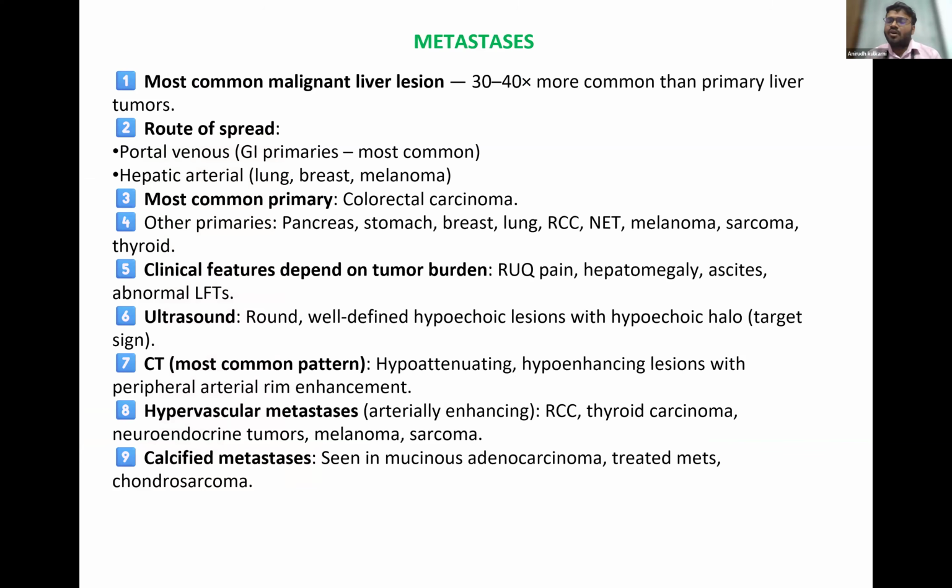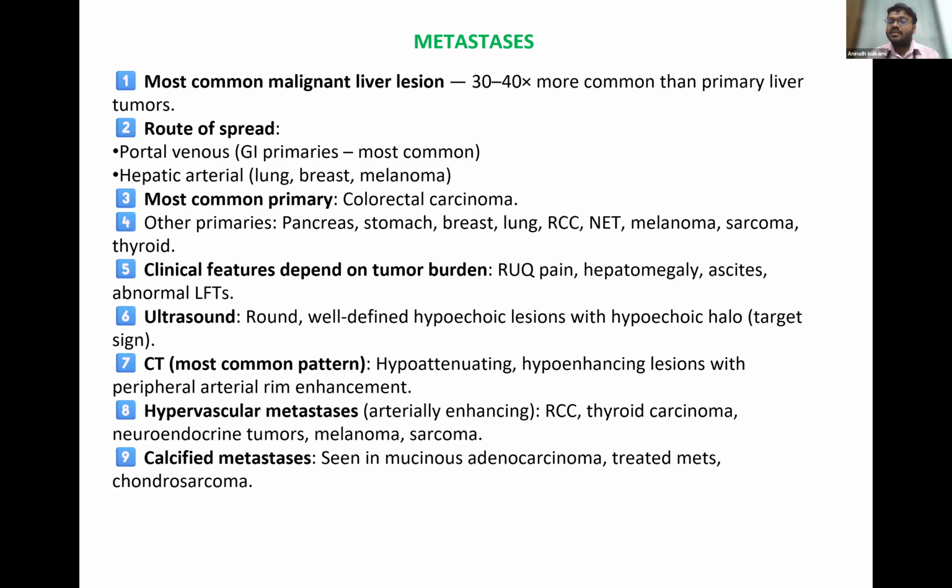You will be doing a lot of ultrasound abdomen and pelvis. If you see this target sign, hypoechoic lesion with hypoechoic halo, and multiple lesions, so many lesions, it is metastasis. On CT, hypoattenuating lesions, hypoenhancing lesions with peripheral arterial rim enhancement, LRM category.